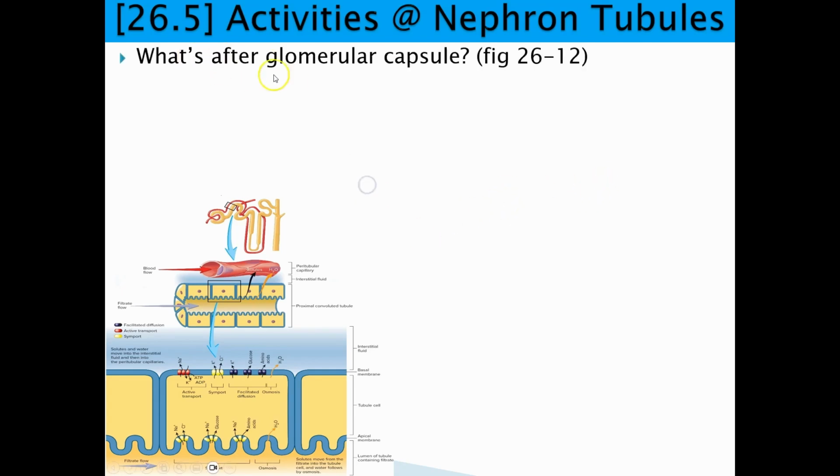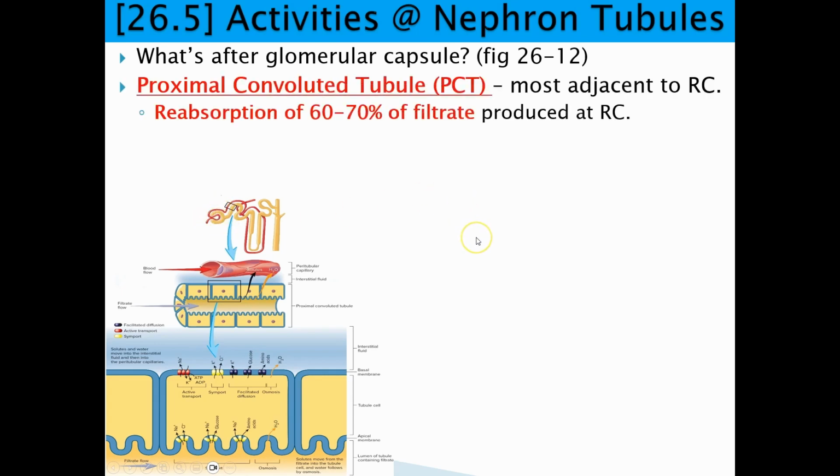So what's after the glomerular capsule, often abbreviated GC, or what's after the renal corpuscle? Because again, the renal corpuscle is this whole thing. The glomerular capsule is this little space here. What's after it is the PCT, the proximal convoluted tubule. That's the most adjacent to either the glomerular capsule or the renal corpuscle, however we want to see it.